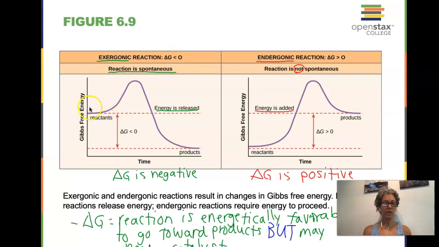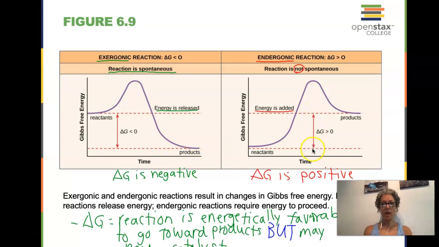Whatever these reactants are, once they complete their reaction, the products have less free energy. So we have released energy during that process. If we release energy, it is catabolic, and it is also exergonic. The delta G is negative. We end up with less free energy in our products.